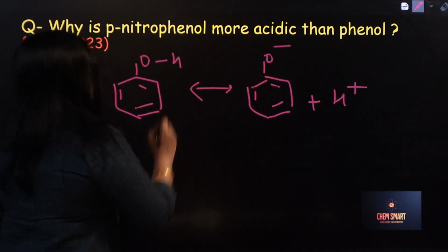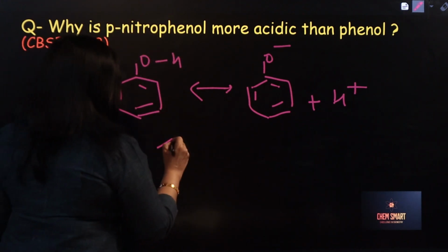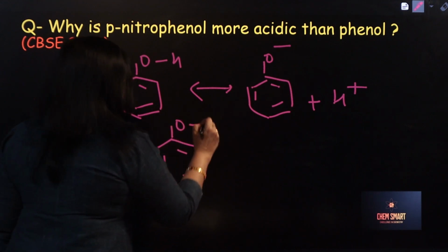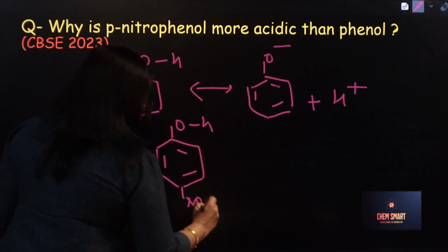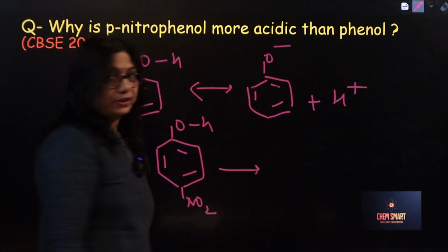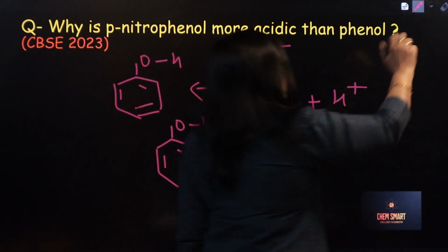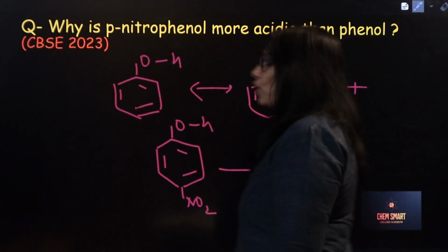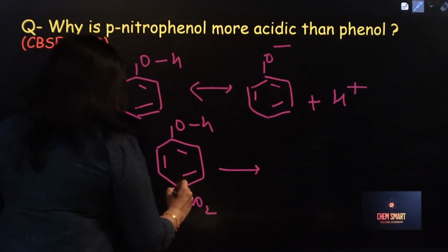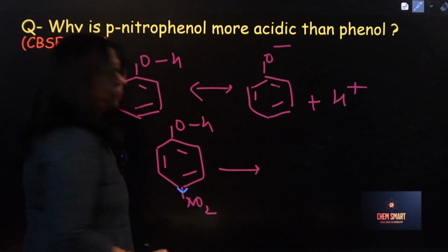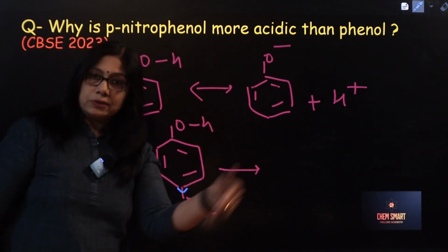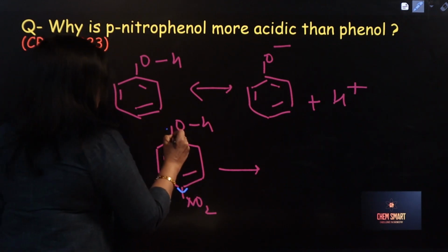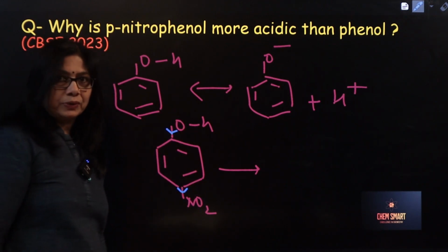Now, if you take paranitrophenol, what will happen? This is paranitrophenol. Let's see what will happen if it dissociates. You have studied that the nitro group is electron withdrawing, right? It will withdraw electrons away from the ring. When it is withdrawing electrons, that impact will come here also.